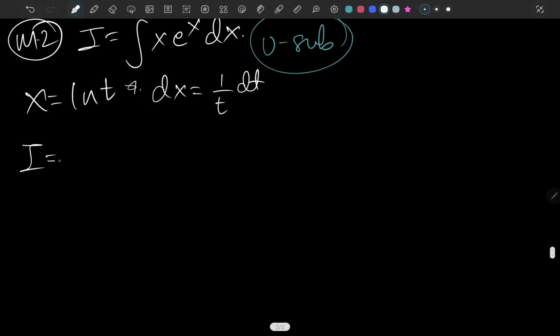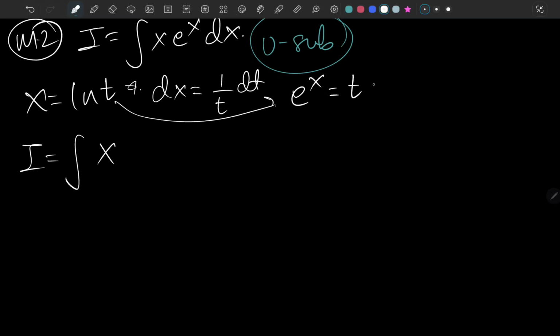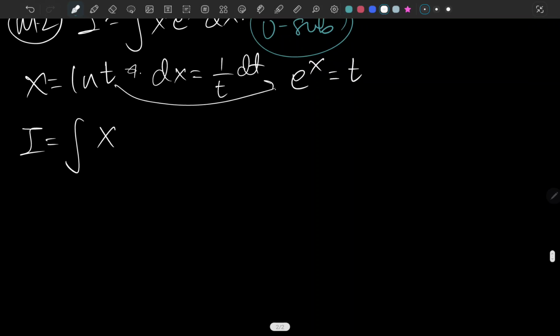So I becomes integral x times, and from here we can say that e to the x equals t. Just taking e to the power on both sides, we get e to the ln t is t, right? It's a basic natural logarithmic identity.